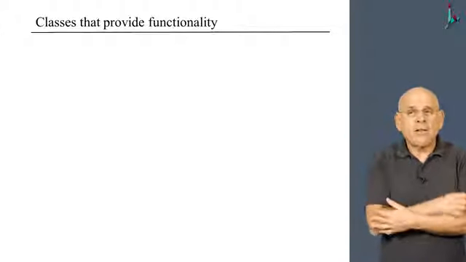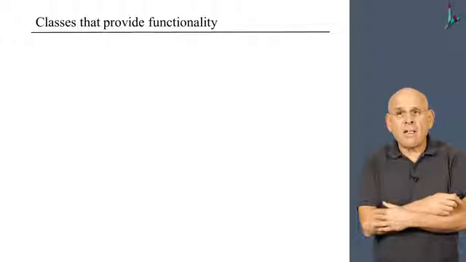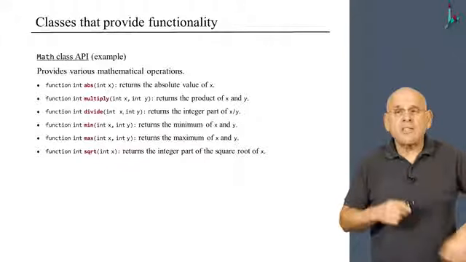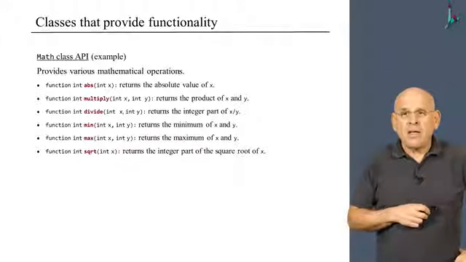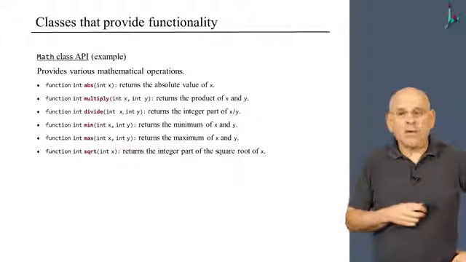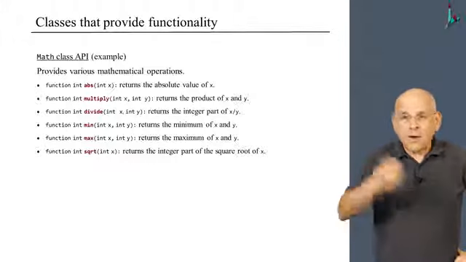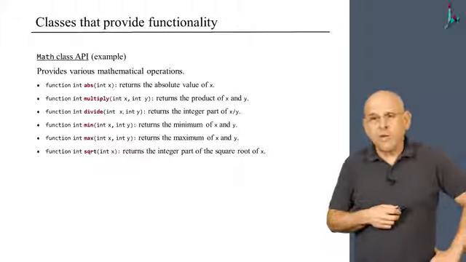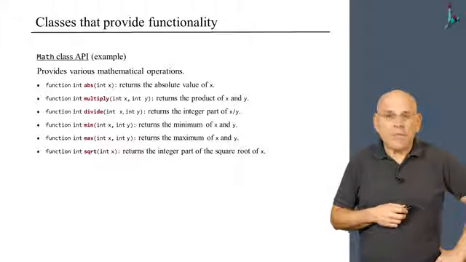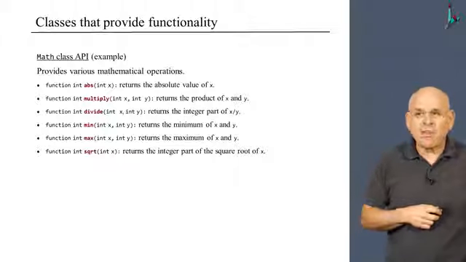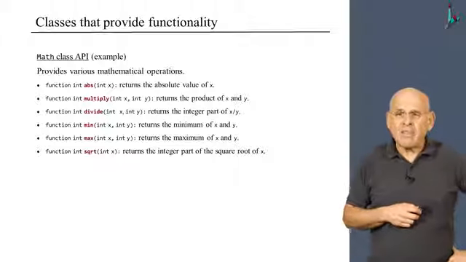And a good example of these classes is our OS Math class, which, as you see in the API here, is just a library of commonly used mathematical functions. And anyone can use these functions at will. And the library provides the implementation, hopefully an efficient implementation of these functions.